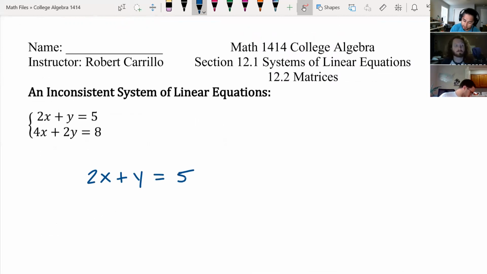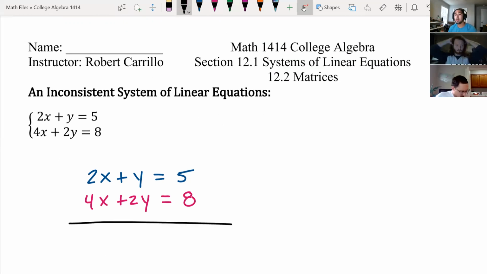2x plus y equals 5, and 4x plus 2y equals 8. Let's go ahead and get rid of, let's say, y.